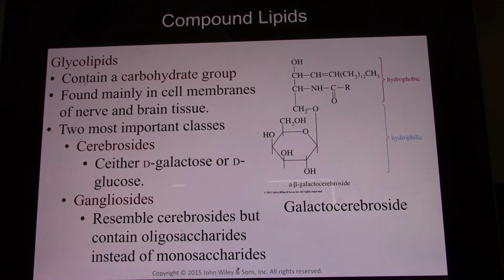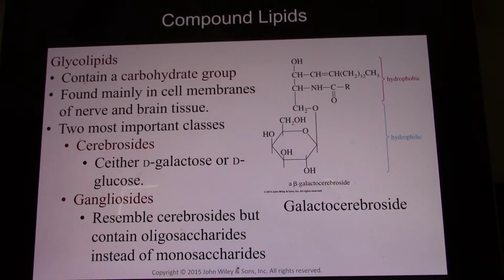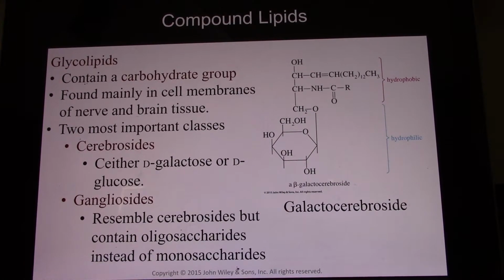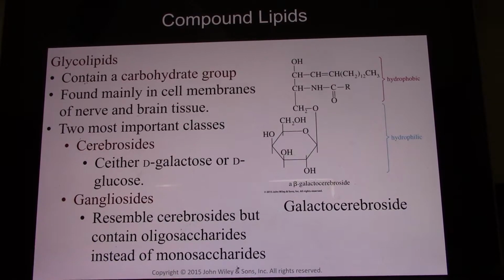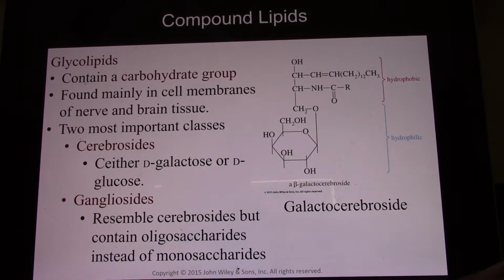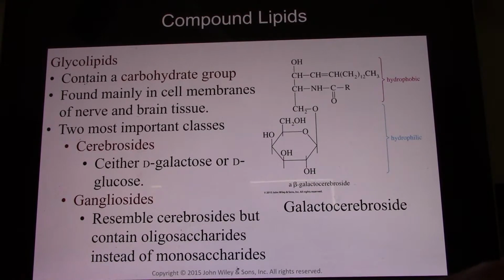And glycolipids. These contain a carbohydrate group found mainly in cell membranes of brain and nerve tissues. And there's two important classes, the cerebrosides and the gangliosides. Notice the names make you think the brain, because cerebral is like brain, mental, and gangliosides, the ganglia, a lot of nerve tracts. And so here, cerebrosides contain either D-galactose or D-glucose, and we have this sugar along with the sphingosine molecule.